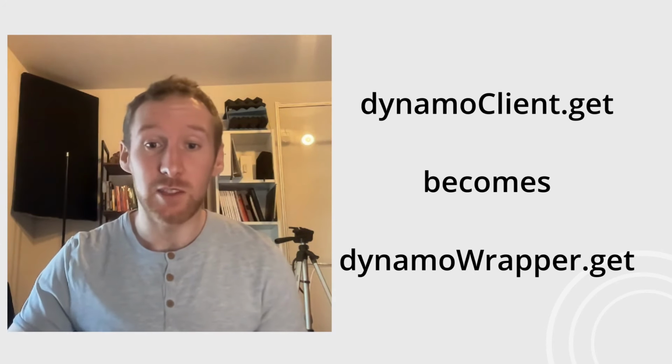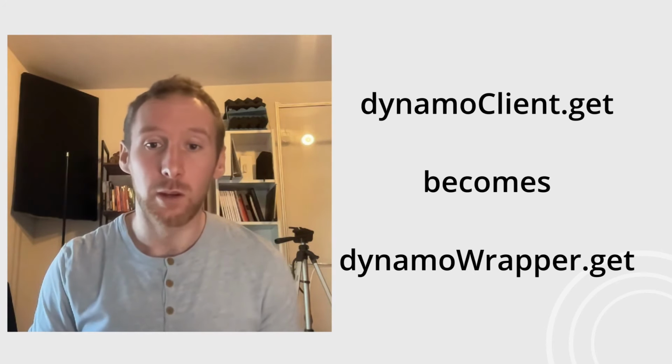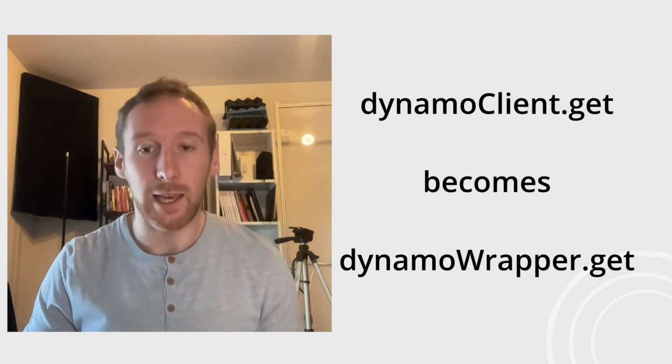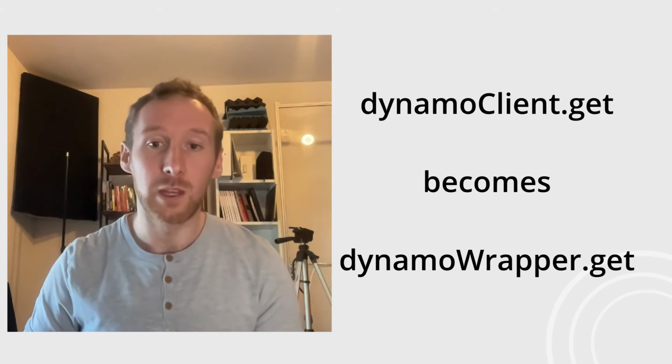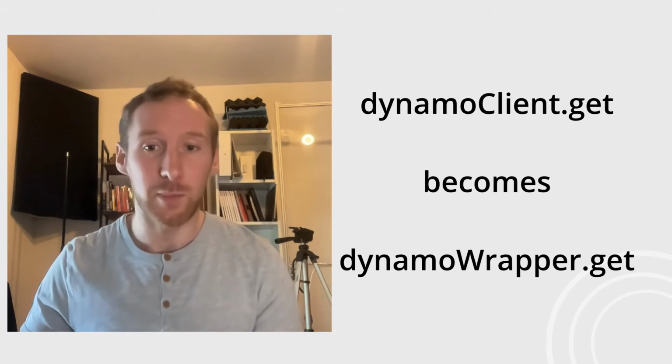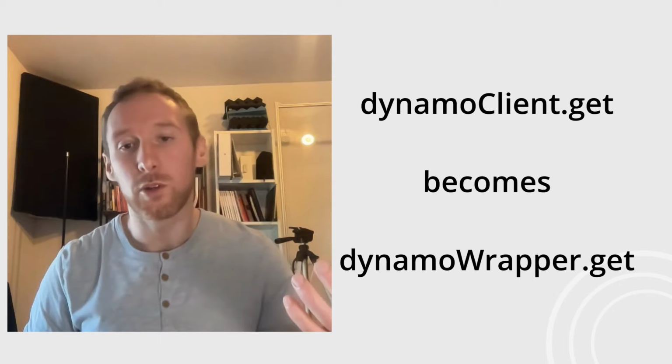That behind the scenes is just a function that does the Dynamo call, but in the future it has to get it from DynamoDB and then uncompress it, or get it from S3. The core of your code isn't changing, just this one little function.